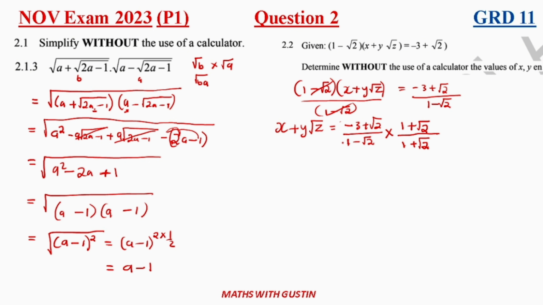So these things can also be rewritten as follows. x plus y square root of z will remain the same.